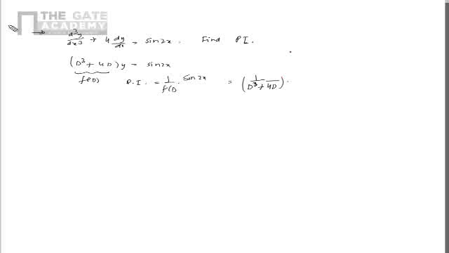D cube plus 4D, sine 2x. Now I have to express this in the form of D square. So I can write it in this form, D square plus 4, and then apply D square.